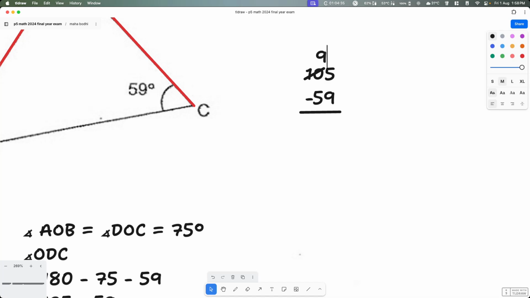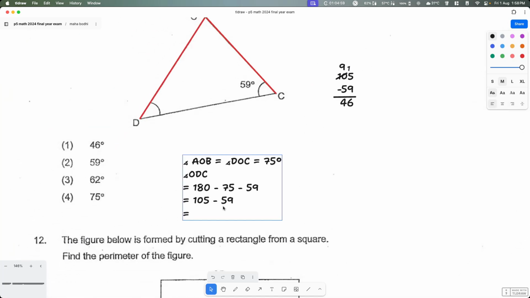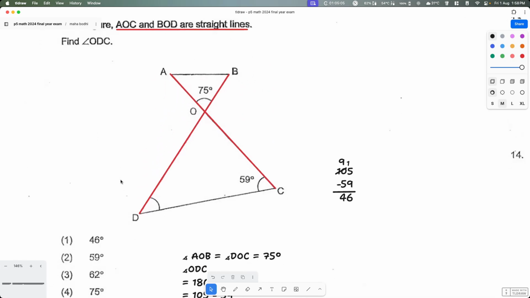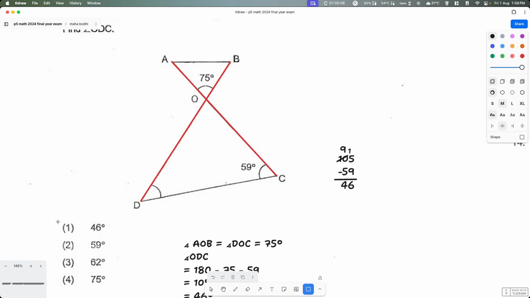This will then be 9 over here, and I'll put 1 beside the 5 to make 15. So 15 minus 9 equals 6, and 9 minus 5 is 4. So it's 46 degrees. For question 11 the answer is option number 1.